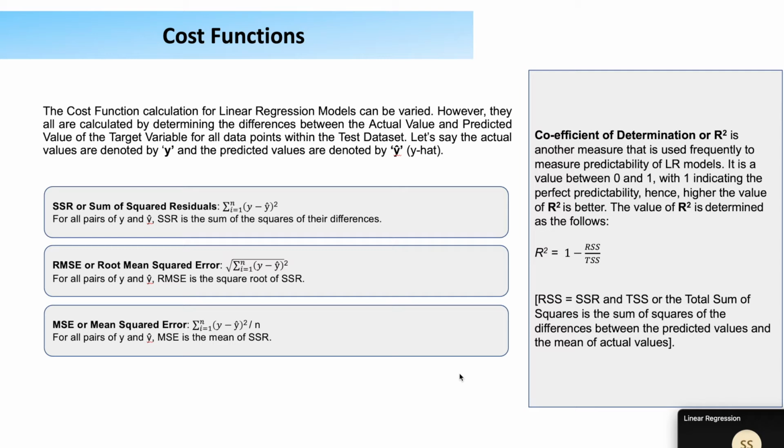It goes on stepwise, and at each step it tweaks the values of theta 0, theta 1, theta 2, etc., in a way that minimizes or maximizes a cost function. What does that mean?